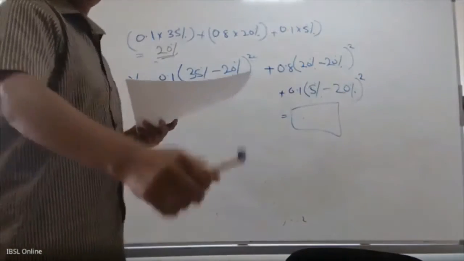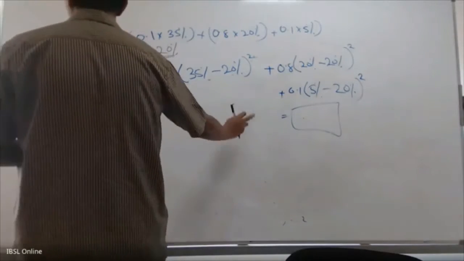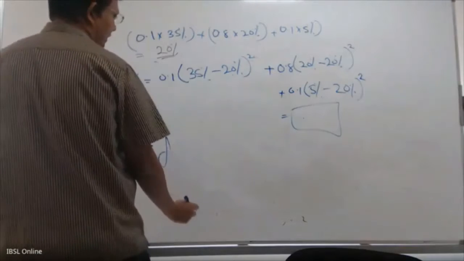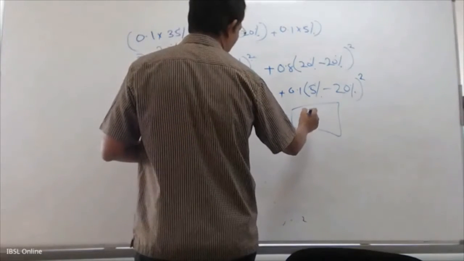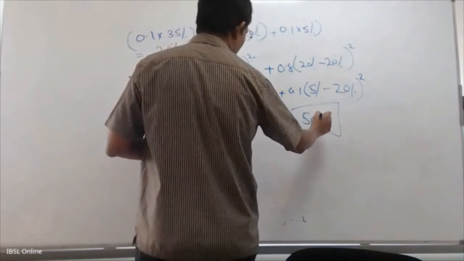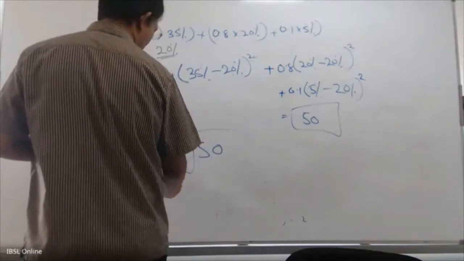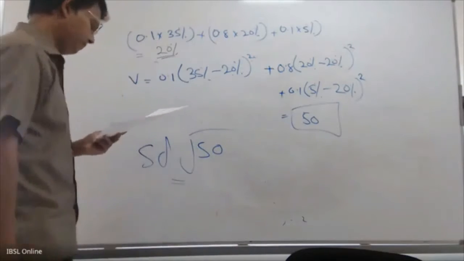In your YouTube video, the variance part is not there. But once you get the answer, say for example we got 50, then the square root of 50 is the standard deviation.